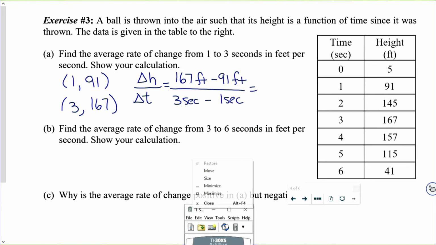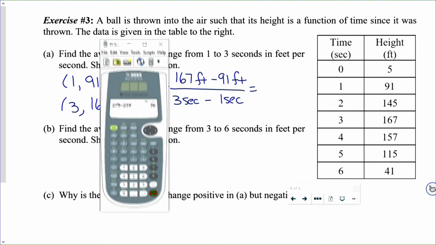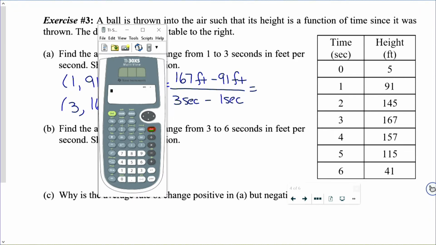All right, so let's figure out what those two are separately, and then we'll do the division. I've got 167 minus 91, and that's going to give me 76 feet. 3 seconds minus 1 second is 2 seconds. And now I can do 76 divided by 2, and I'm going to get 38 feet per second.